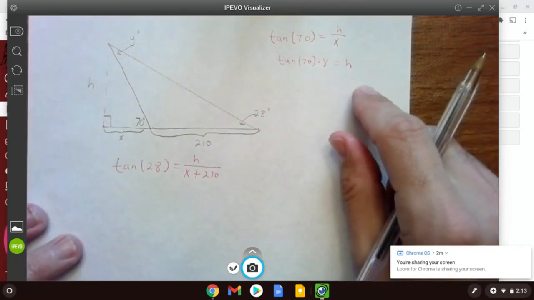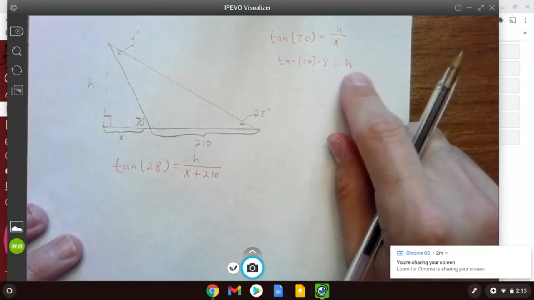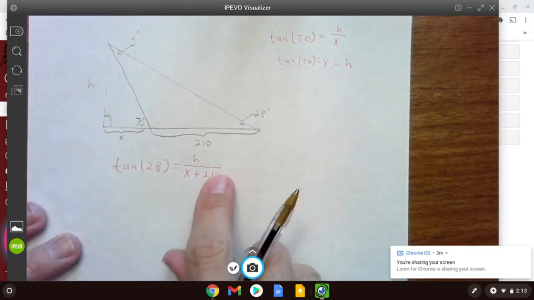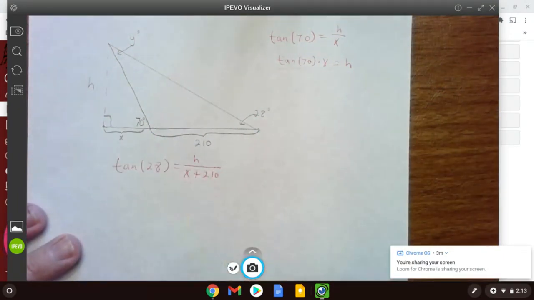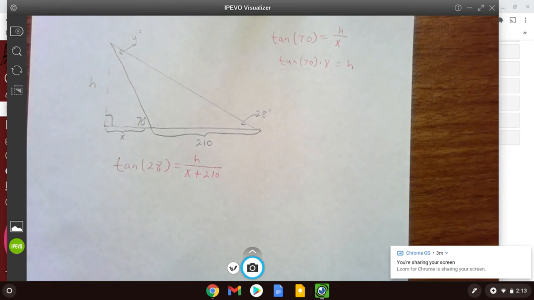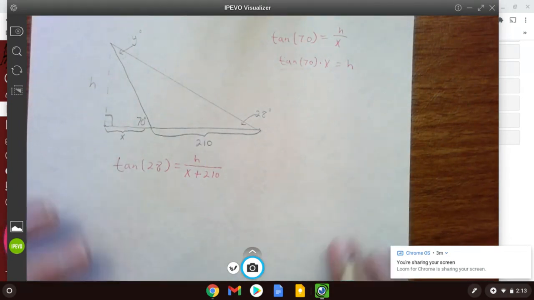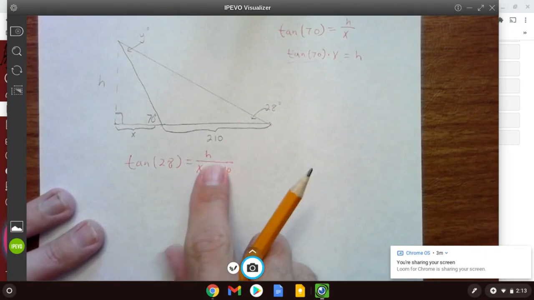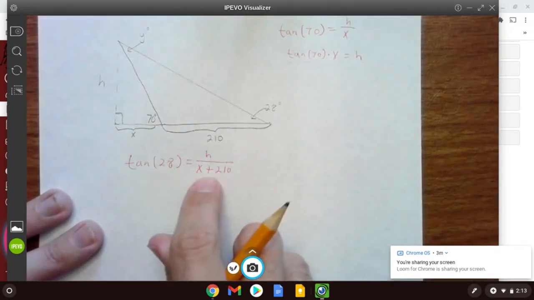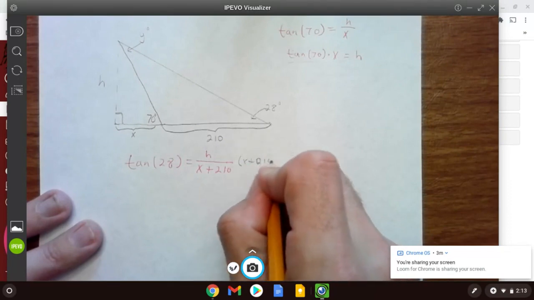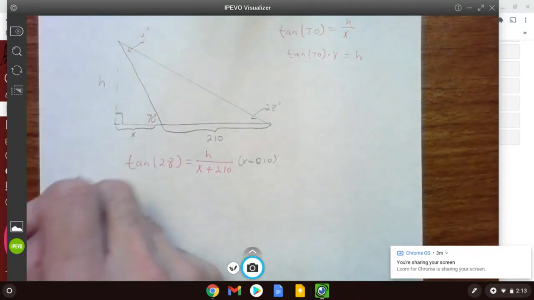All right, so because we've already got h is equal to this right here, I'm going to go ahead and substitute that in. Actually, I tell you what, I'm going to solve for h in this equation. So I'm going to multiply by x plus 210 on both sides.